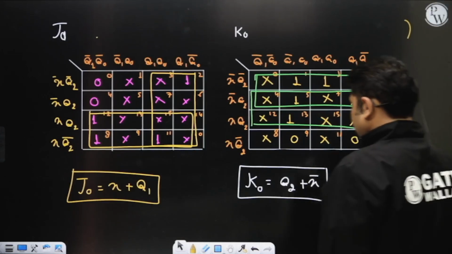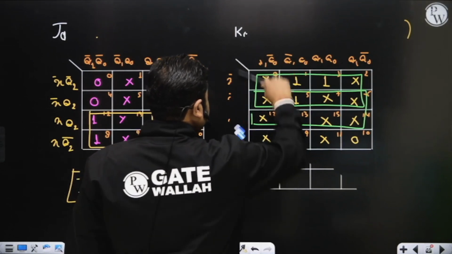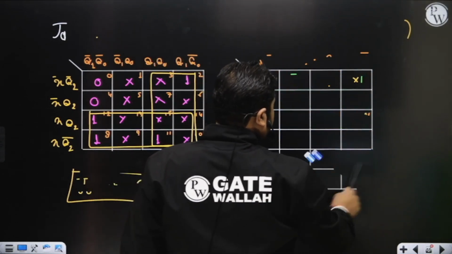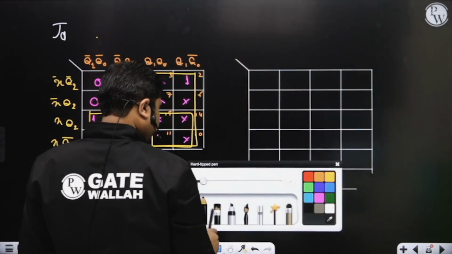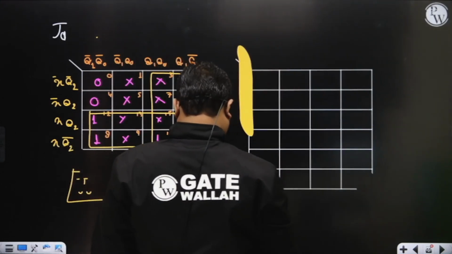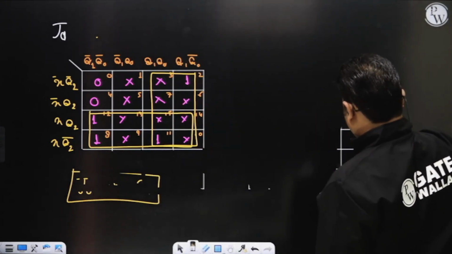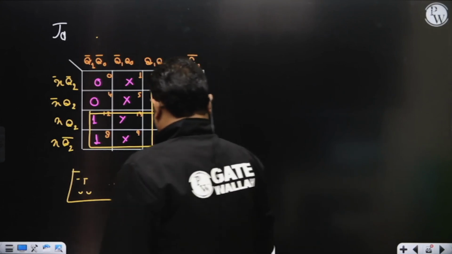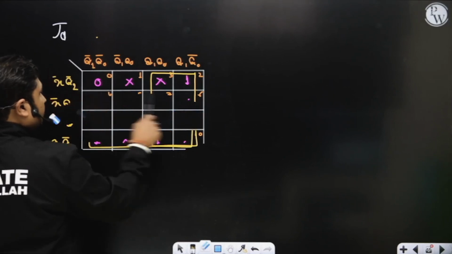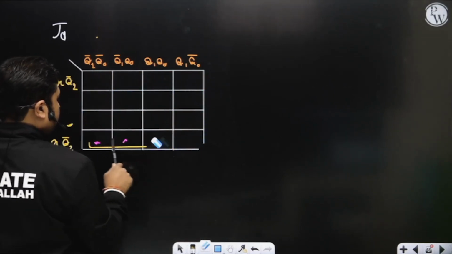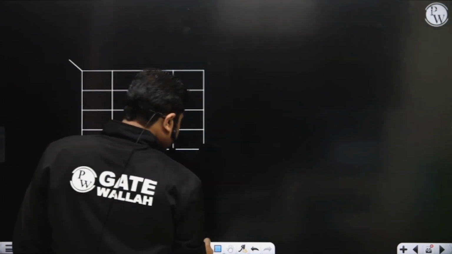Now please observe, we also have to find the output Y. Please see output Y. Only on the binary condition of 13 it is high.